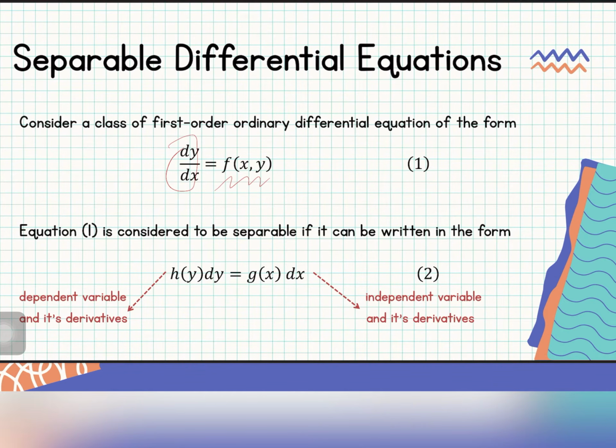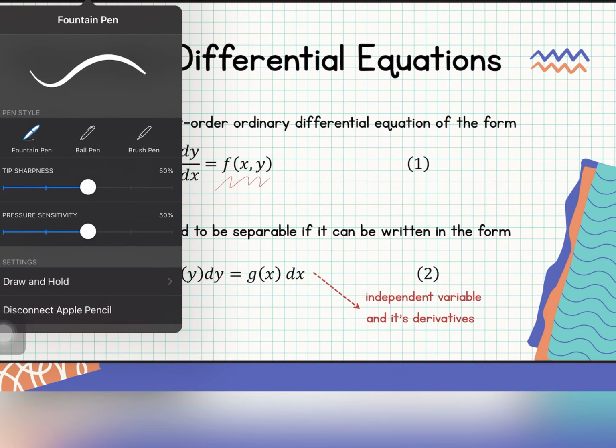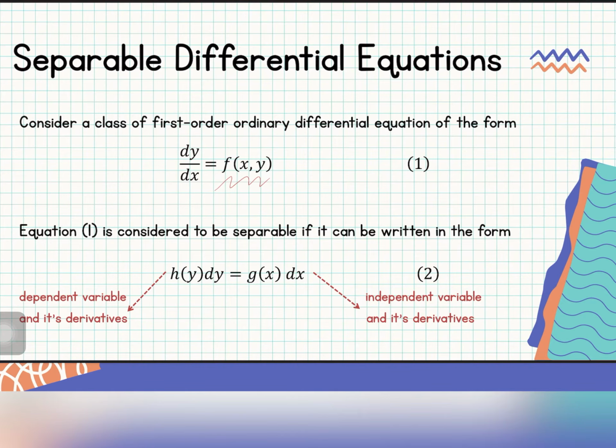The first thing that you need to understand, and it is very important, is to recognize which one is the dependent variable and which one is the independent variable. In our differential equation, the variable that is in the numerator is the dependent variable, and the one in the denominator is the independent variable.